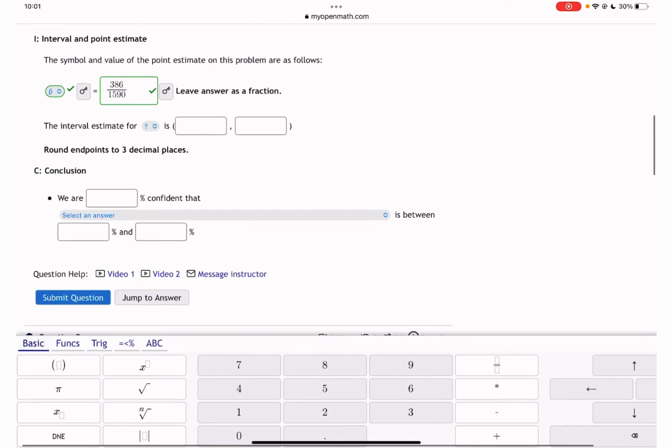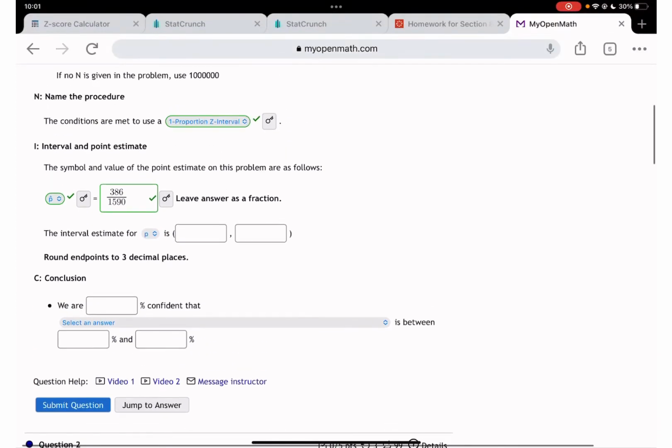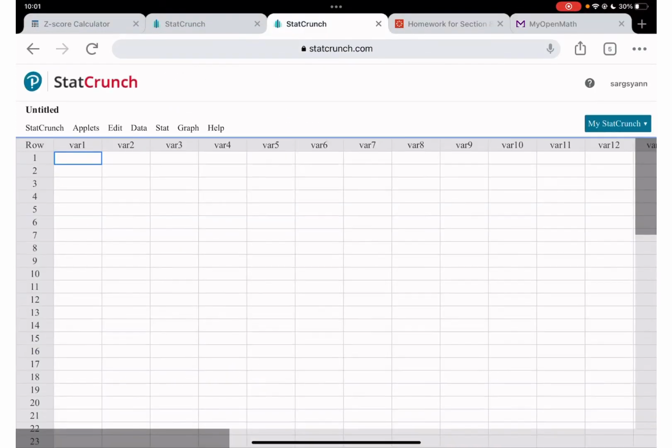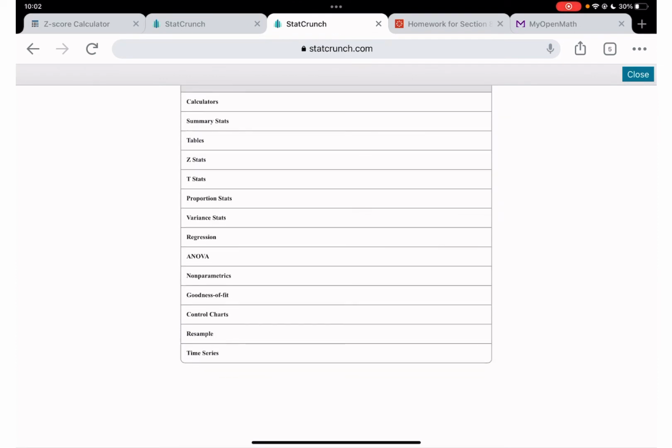We need to find the interval of estimate for proportion P. Here we are heading to StatCrunch. I have already prepared StatCrunch. So we are clicking Stat, and then it's below T-Stat, proportion stat.